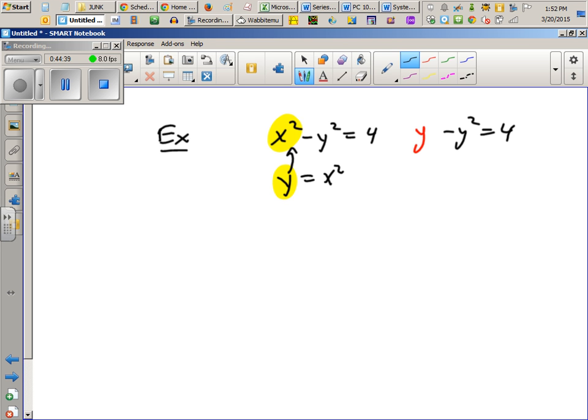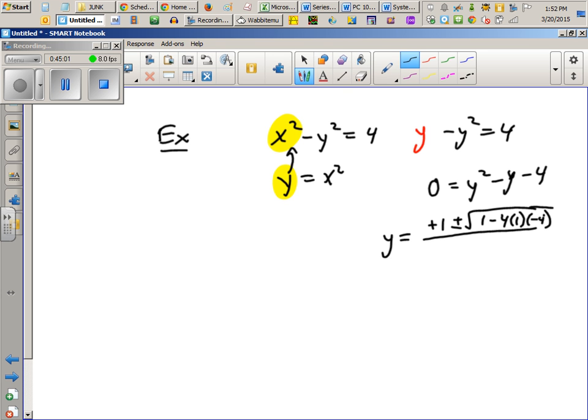Okay, this is a little hard to solve. You'd have to bring everything to one side, and you would have to isolate y. Looks like it won't factor, so we use the quadratic formula. So y equals negative b, so plus 1, plus or minus the square root of 1 minus 4 times 1 times negative 4. Oh, sorry, this should have been a plus 4 right there. All over 2 times 1.